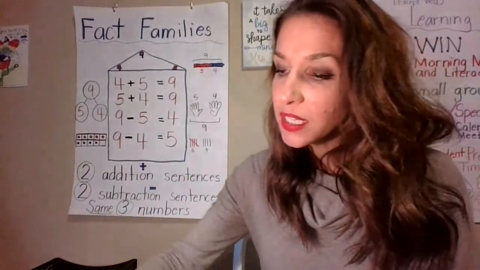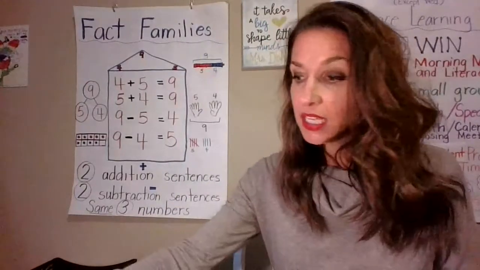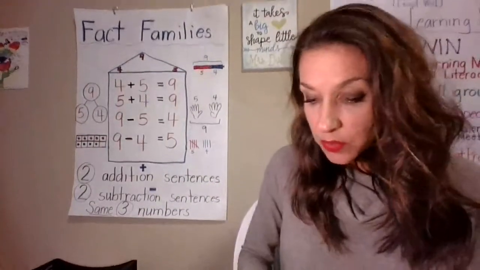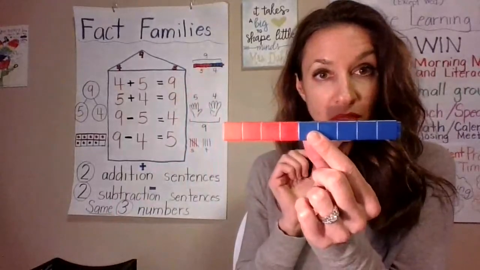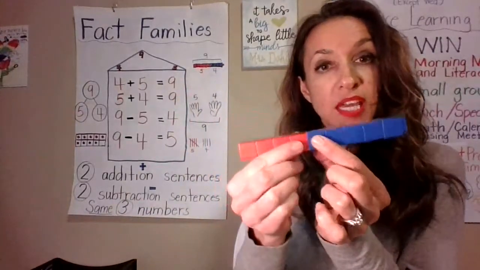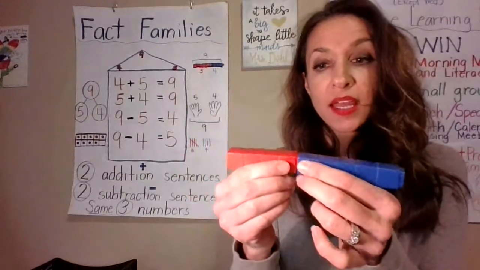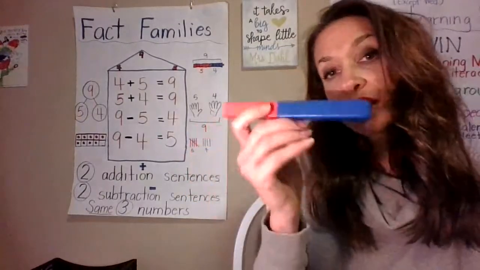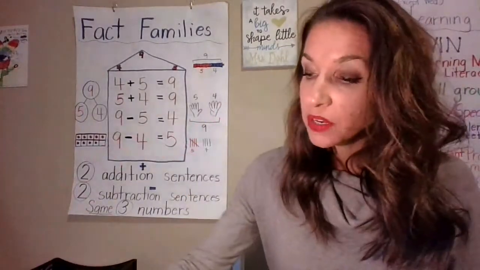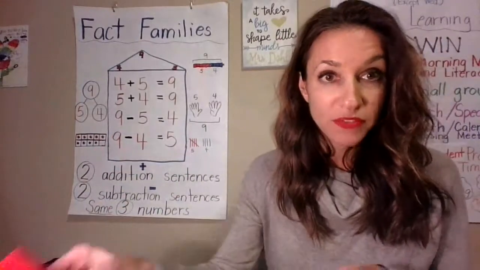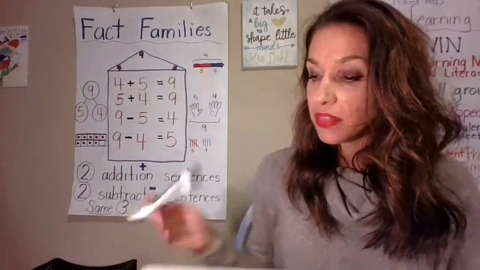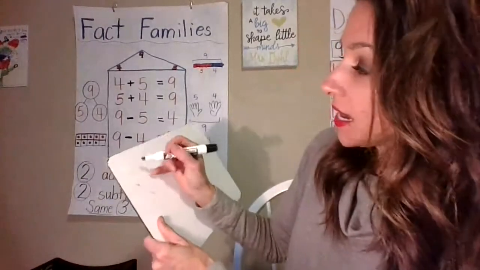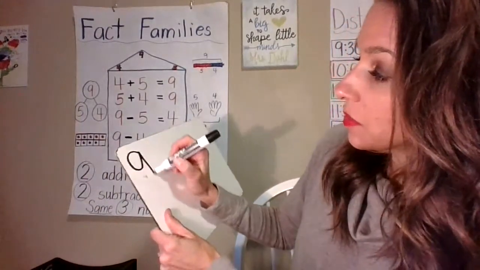All right, let's do a little bit of subtracting and taking away. So remember, when we're subtracting, we start with our whole, which is 9, and we take one part away. Since I'm starting with my whole, I'm going to write 9 on my board for my subtraction sentence, since I have 9 cubes all together. Let's write 9 on our board or our paper.